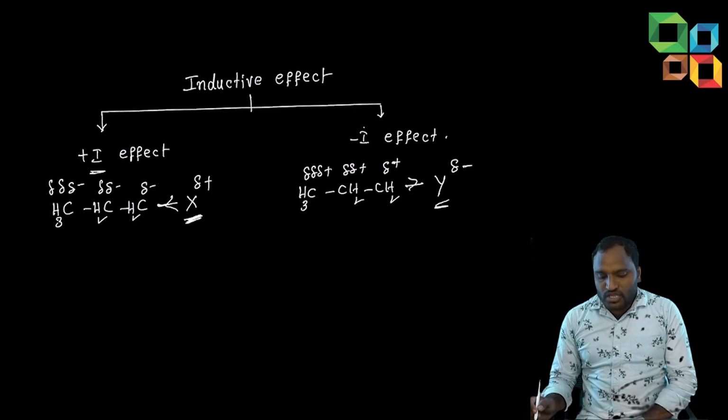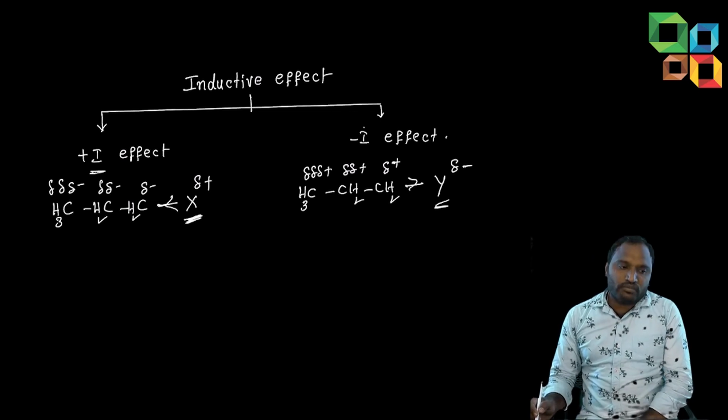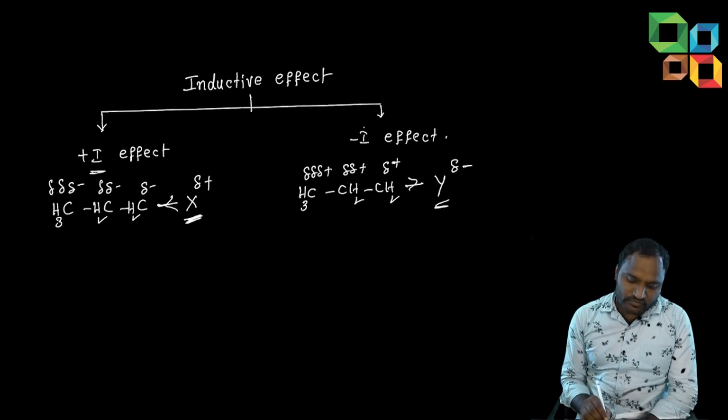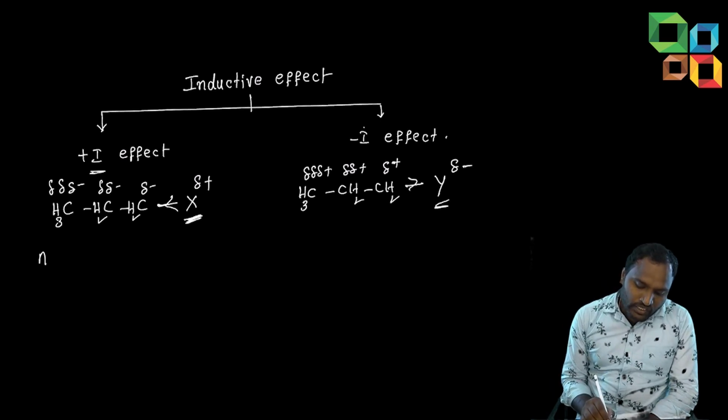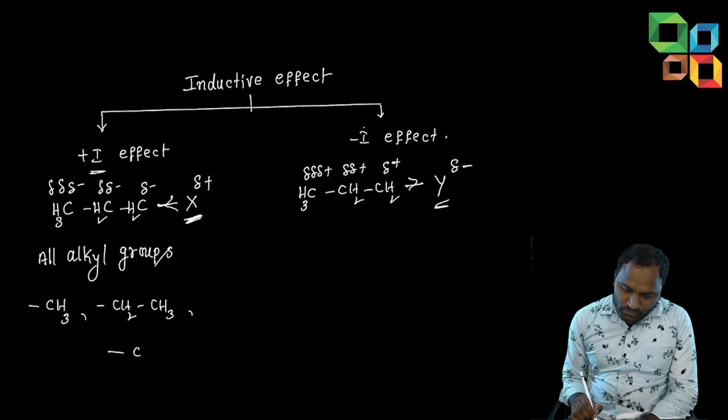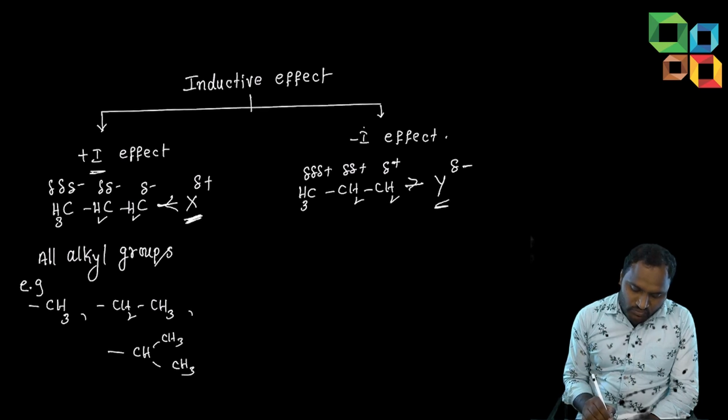What are the plus psi effect groups? What are the minus psi effect groups? Which are releasing electrons, which are taking electrons. All alkyl groups are plus psi effect groups. Example, methyl group, ethyl group, isopropyl group. All these are plus psi effect groups.